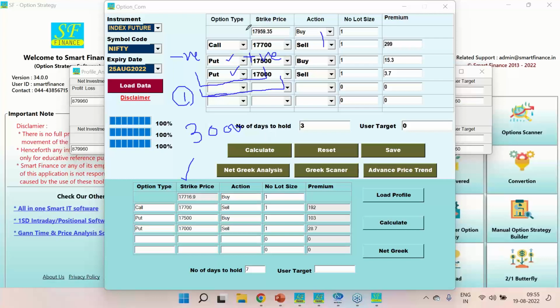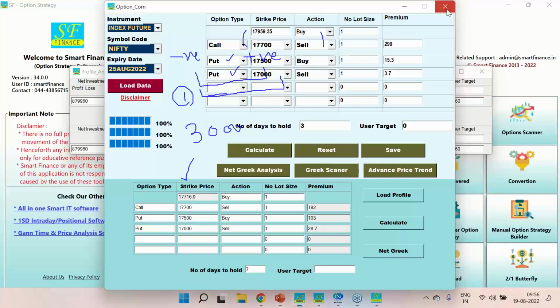Any direction the market goes, you will make money. One leg will give money, another leg will give loss, so it will be nullified. There you have to use your own wisdom to make such an arrangement which can give you better profit. So option itself is a very interesting subject.